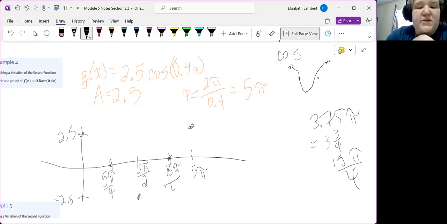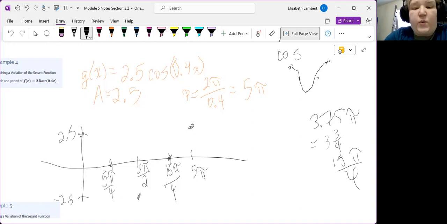But that is also something you could crunch on the calculator and get the fraction that way. So I'm just finding the average between 5 pi over 2 and 5 pi: add them together, divide by 2, fraction, just stick the pi back on.